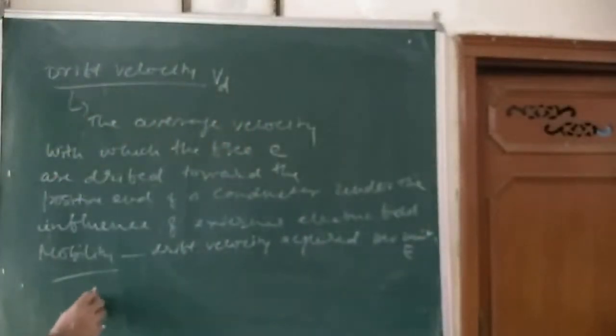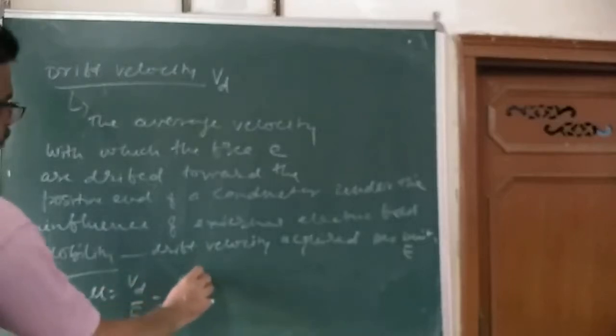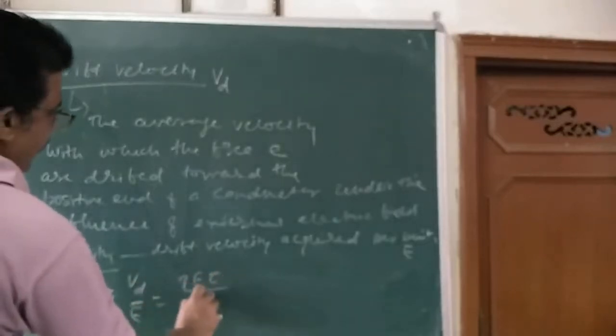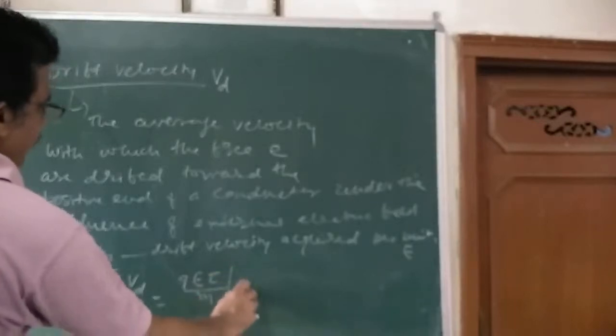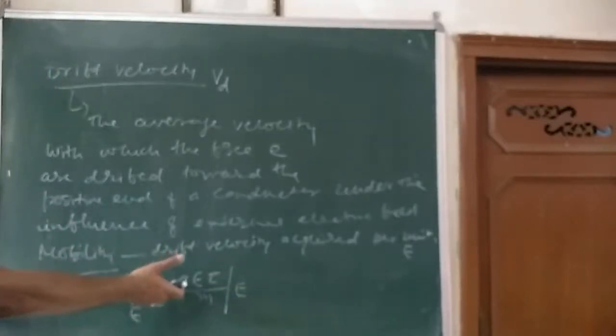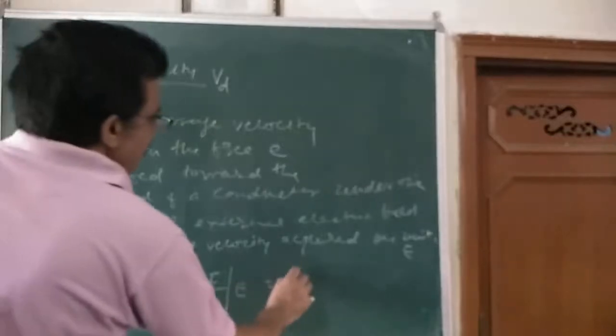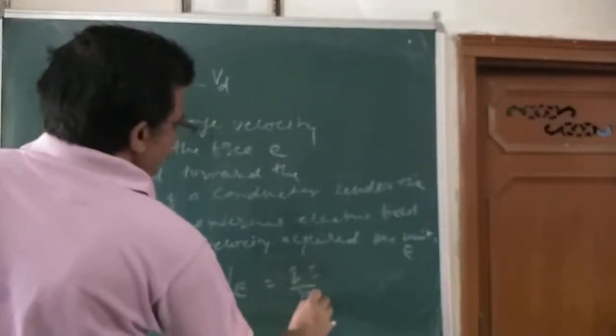So I can say here mu is equal to Vd divided by E. So I can write the formula of drift velocity here as Q E tau divided by m, divided by E. चार्ज ऑफ इलेक्ट्रॉन की जगह E या Q कुछ भी लिखा जा सकता है. So I can say that it is Q tau by m. Here Q is the charge.